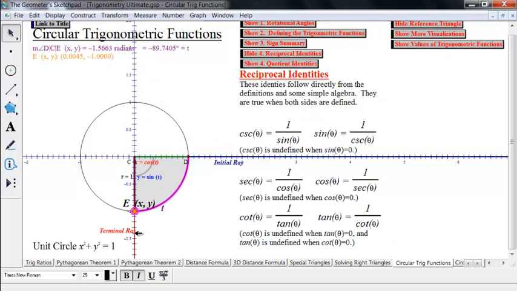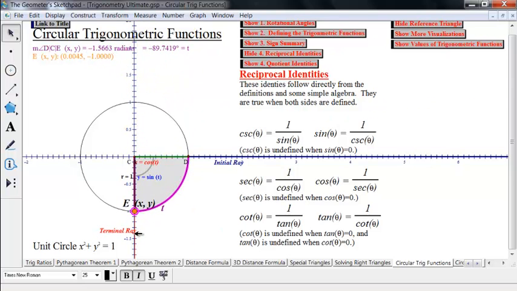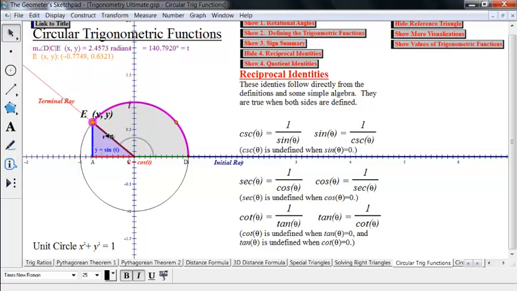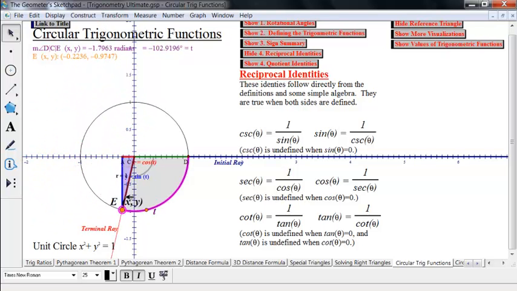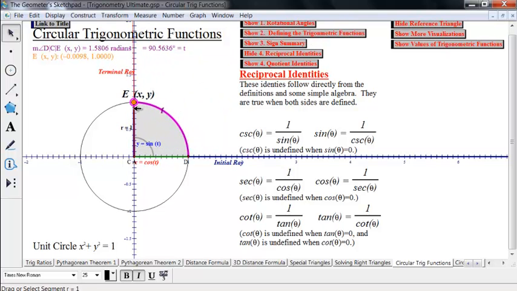So it's on the y-axis like this, at say pi over 2 radians, 90 degrees, or negative pi over 2 radians, or some other rotation, like what's this rotation? Pi over 2, pi, 3 pi over 2, 4 pi over 2, 5 pi over 2. So a full rotation plus a quarter.